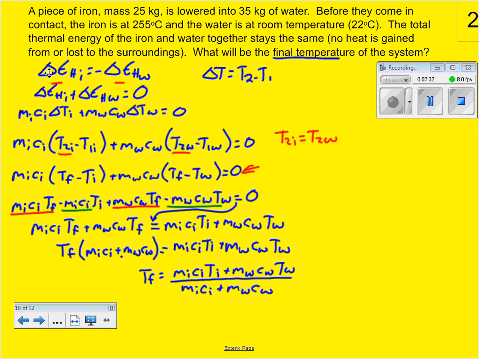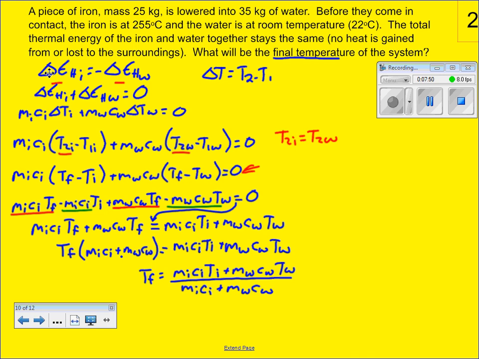Now, a quick point, you can't cancel anything on this equation right now. MI CI, MW CW will not cancel. That doesn't work mathematically.